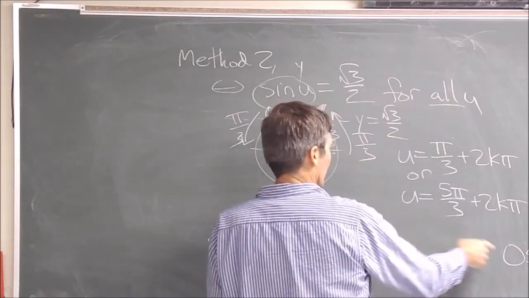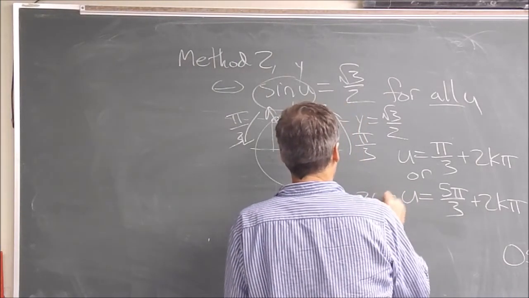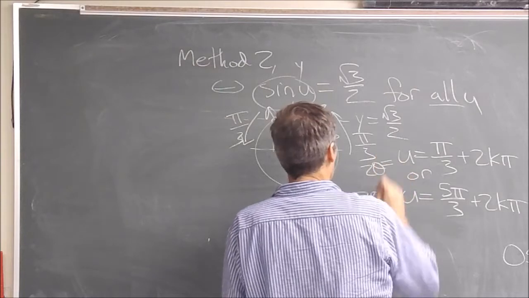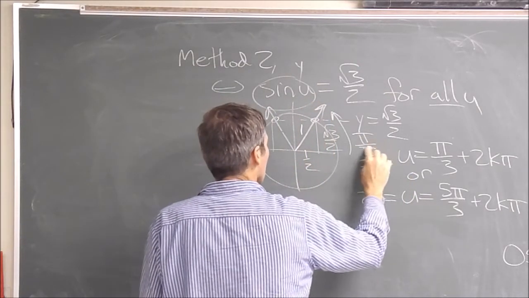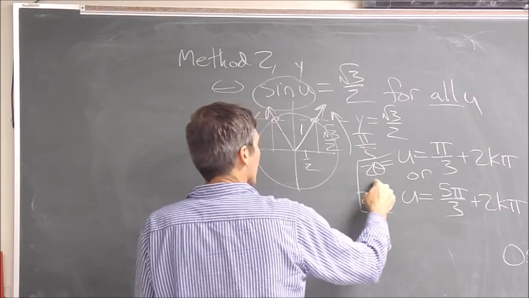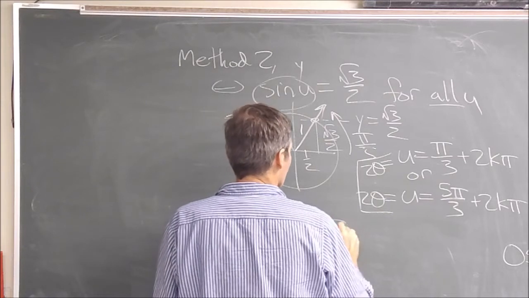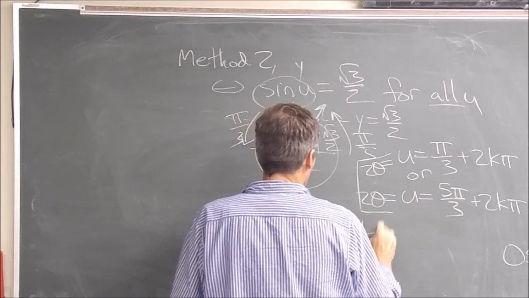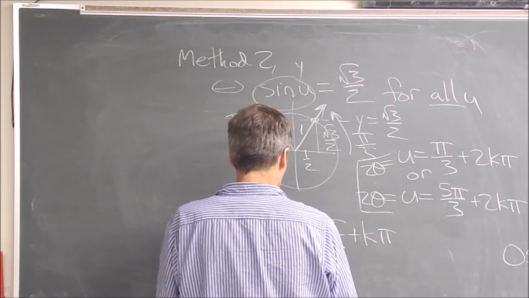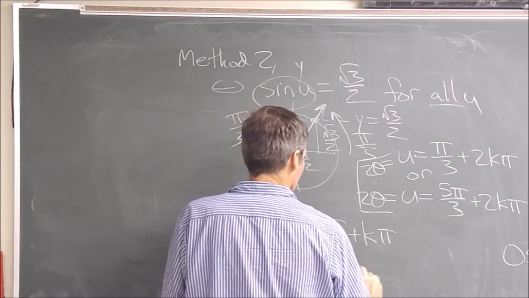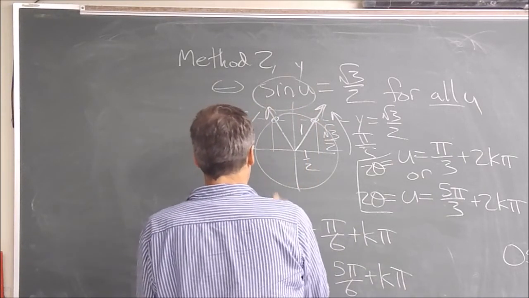So I put u equal to 2 theta and divide by 2, and I get equivalently theta equals pi over 3 divided by 2, which is pi over 6, and 2k pi divided by 2 is k pi. Theta equals, dividing this one by 2, 5 pi over 6 plus k pi. That's all solutions theta.